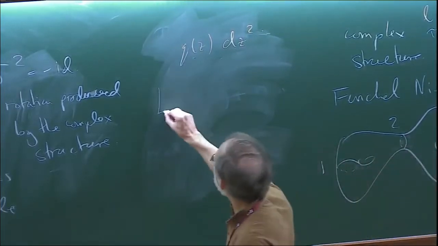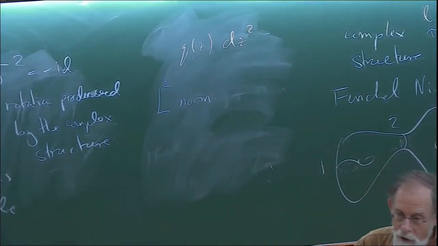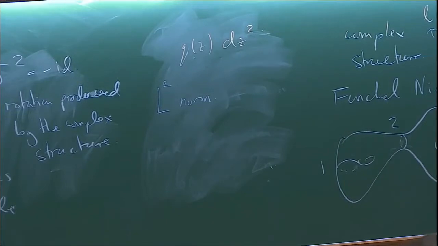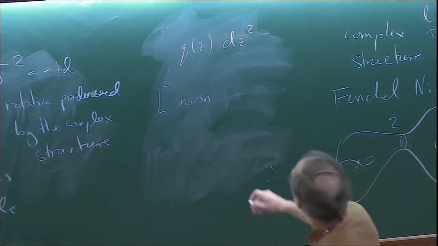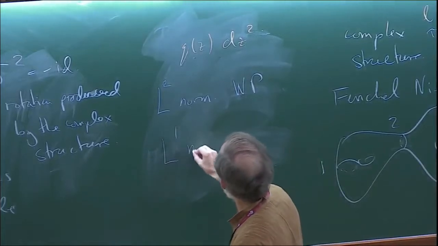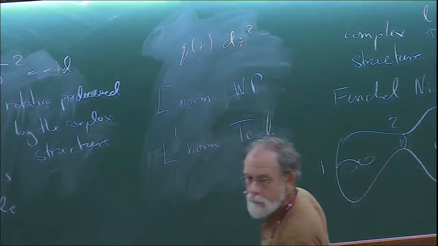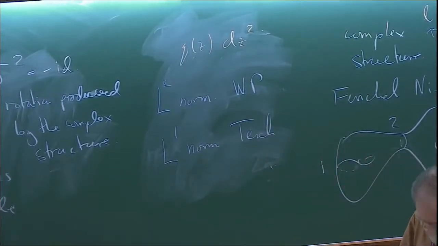And so there's an L2 norm that you can think of. There's some kind of fudge factor that goes into the integral that I don't want to go near today. Now, the L2 norm here produces Weil-Petersson. If you do the L1 norm, you get the Teichmüller metric. I think I've got that right.